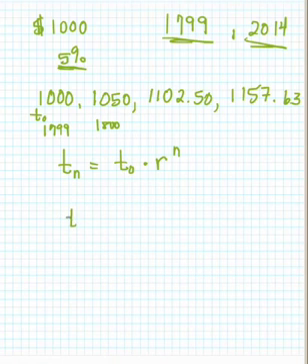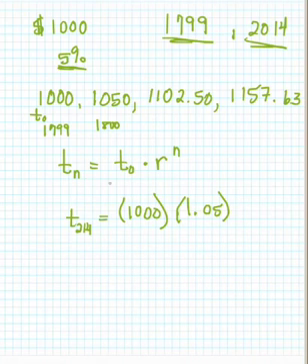So we'll go with T sub 214. The 214 years from now is going to be T naught, the original investment, the original principal, times the rate, which is 1.05, raised to the 214th. That's all.